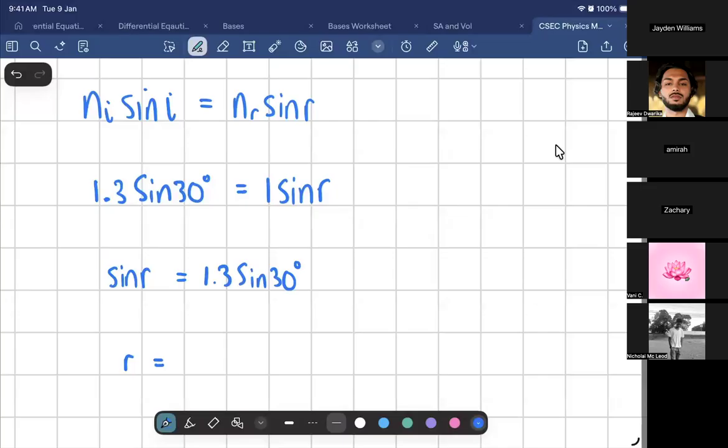What is the opposite of sine? Right, so Amira, I'll help you out. Sine inverse. Anytime you're trying to find an angle, you'll have to use sine inverse. So R would be equal to sine inverse of 1.3 sine 30. Plug that into the calculator and let me know what you get.